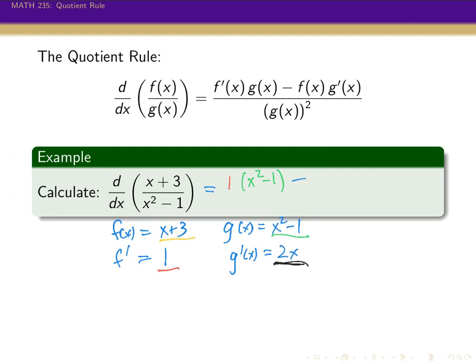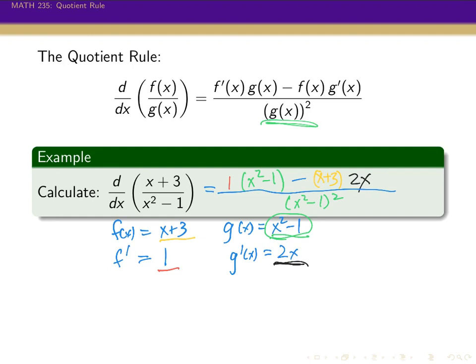So let's write these in. x plus 3, that's my f, times g prime, which is 2x. And then at the end, we're dividing by g of x squared. So x squared minus 1, squared.